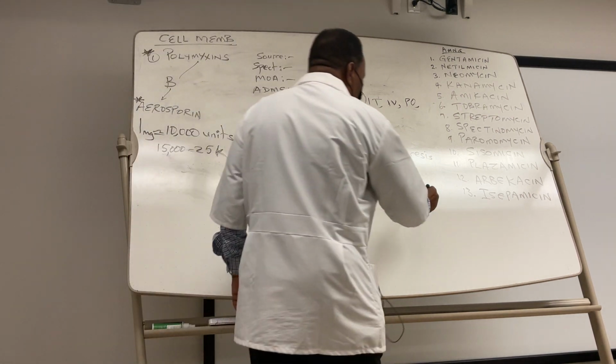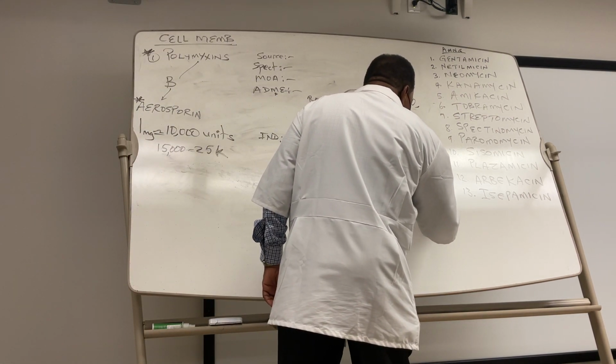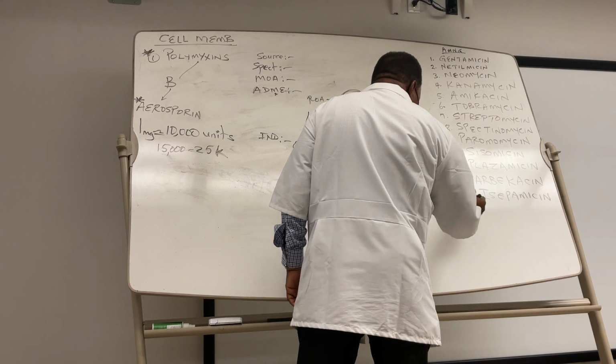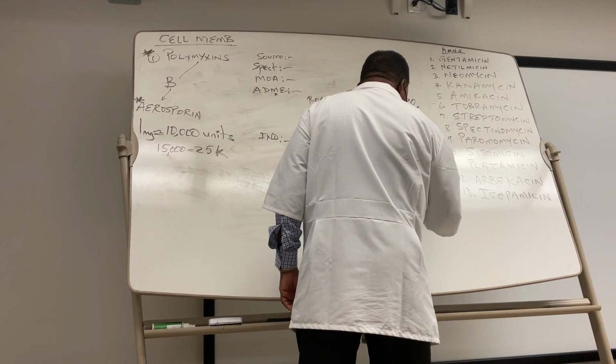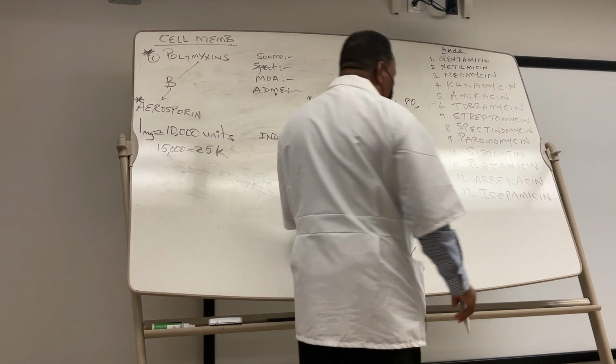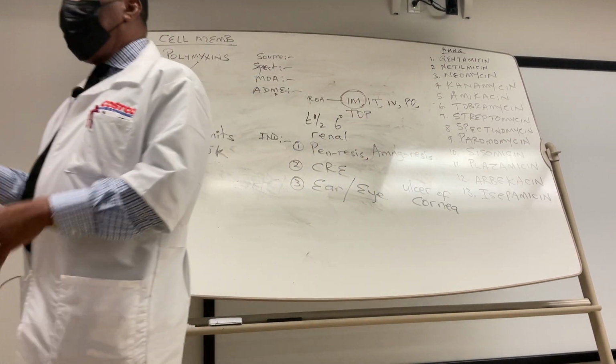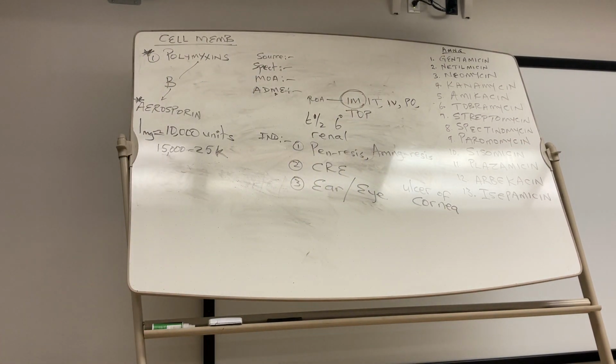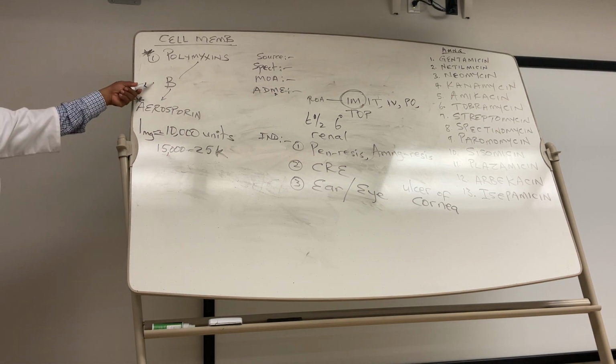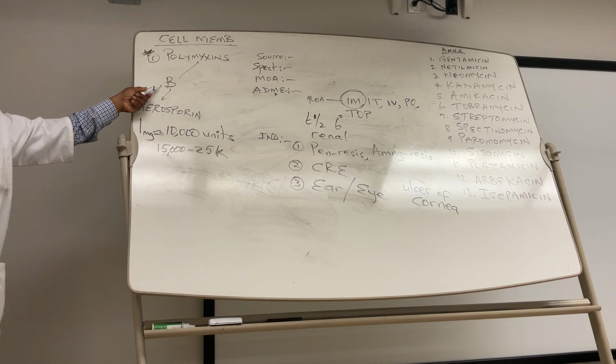For instance, if you have a corneal ulcer, an ulcer of the cornea, that is caused by staph, you will prefer to use bacitracin. But if the corneal ulcer is caused by Pseudomonas aeruginosa, then it has to be Aerosporin or polymyxin B.